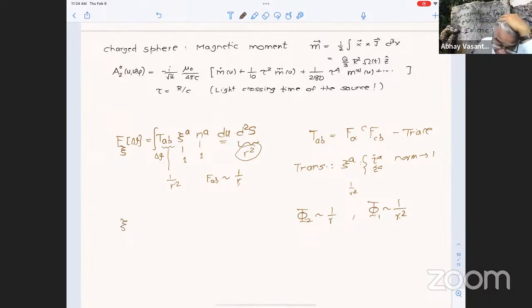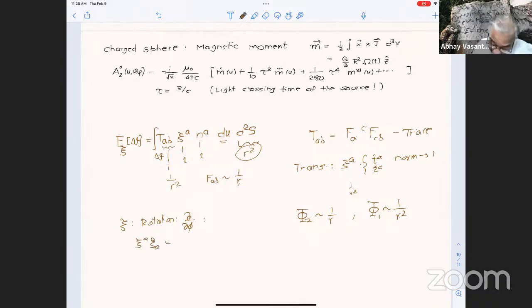Now we look at angular momentum. So now we take C to be angular momentum, to be rotation, d by d phi. Now d by d phi, its norm goes like r squared, like phi A, if you like.